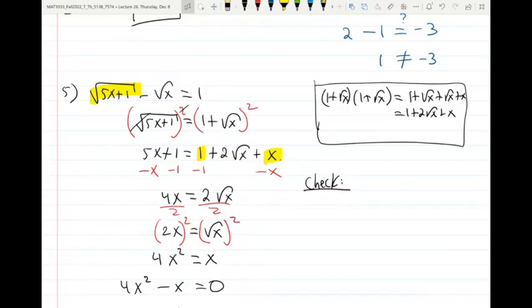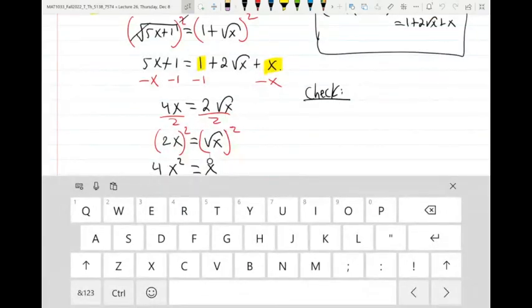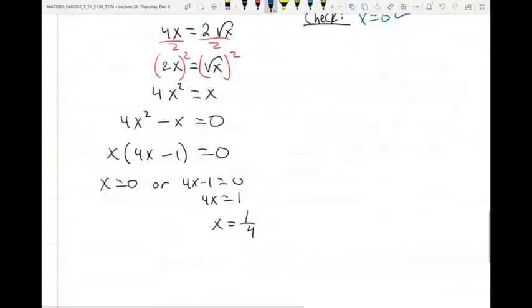If I put x equals 0, 5x is gone, yes? And then you get square root of 1, which is just 1. And the 0 here. And then if I put 0 here, this is gone, okay? And then you get 1 minus 0, which is 1. So that one is fine. So x equals 0 is okay.